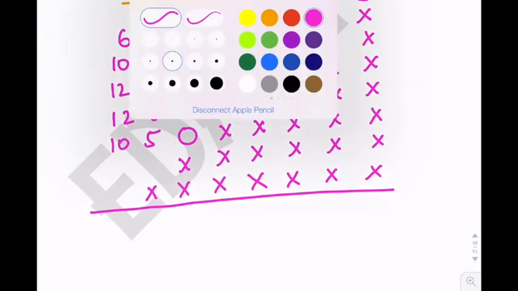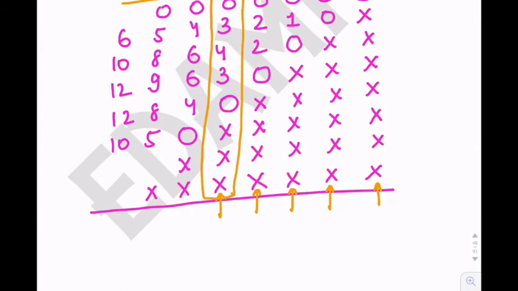So this will give me y0, y1, y2, y3, y4. y4 is actually the sum of these terms, and the other terms will not affect it because they will all put a cross in this column. So y4 will be equal to 0 plus 3 plus 4 plus 3, and this will give me the answer 10.